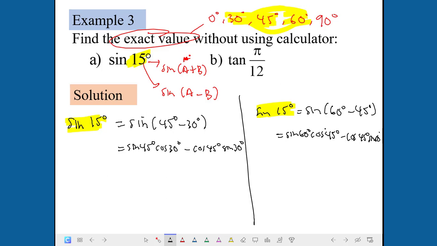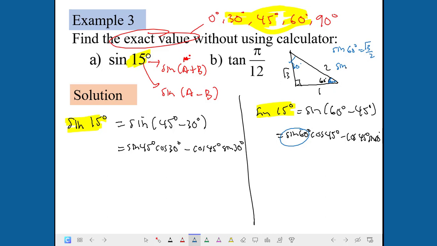So now sin 60, sin 45, cos 30, you need to find those values. You can use the triangle, like the triangle with 60, 1, 2, root 3, and here is 30. So sin 60 is root 3 over 2.